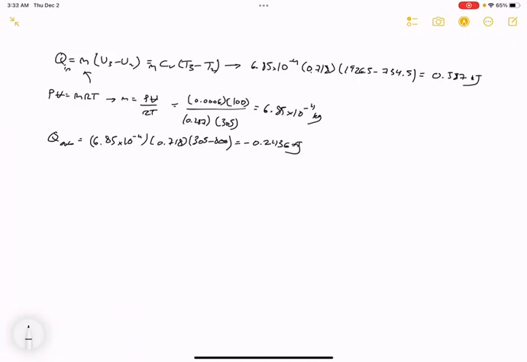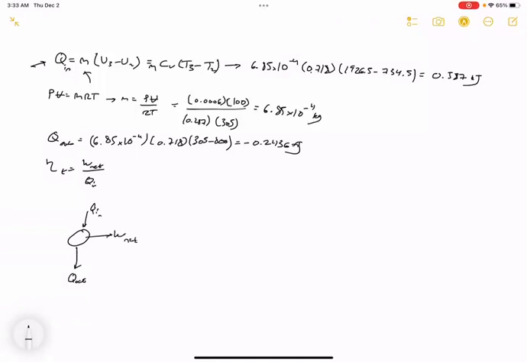Obviously, this is a negative value, which is what we expect because this is a heat rejection. We're losing heat. Now, we want to find the thermal efficiency. Remember, thermal efficiency in any cycle, Brayton, Otto, Rankine, is always what we're getting out versus what we have to give to get that. What we're getting out is our net work. What we're giving is our Q in. Is there a way we can find net work without doing this? There's a much simpler way: if you give a system a Q in, it rejects a Q out and outputs some work.